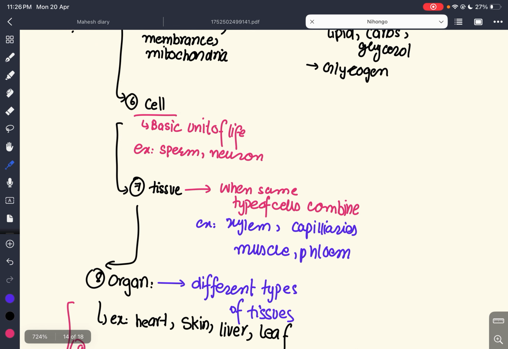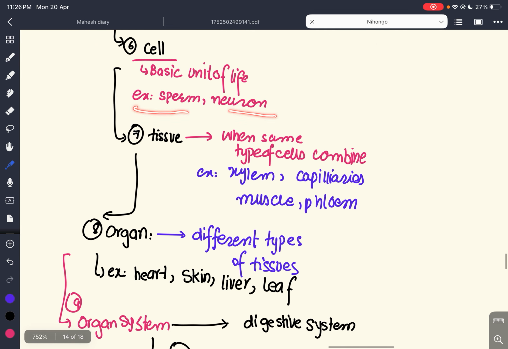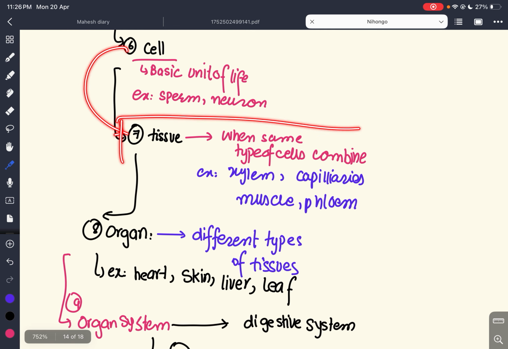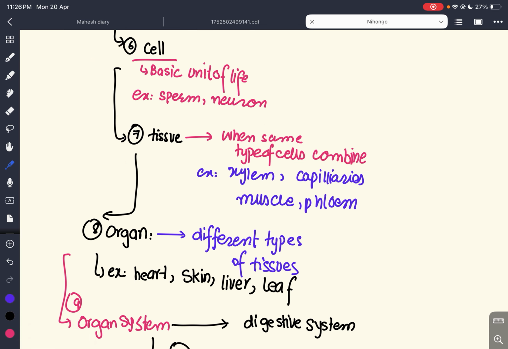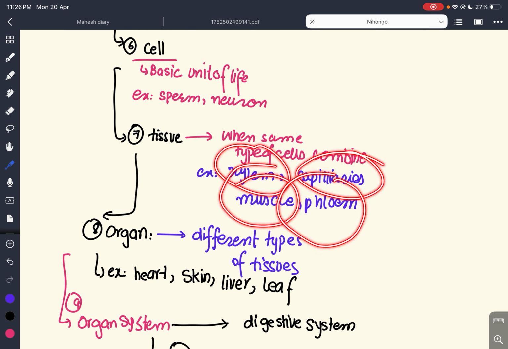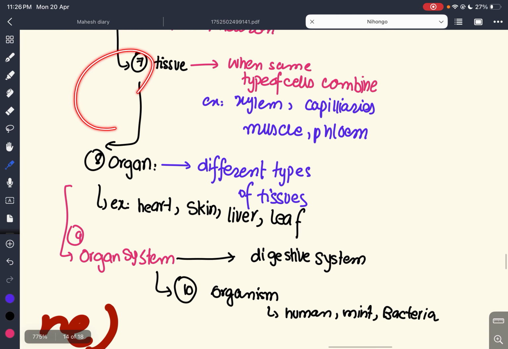For example, we learn about sperm, we learn about neuron, and these cells of the same type combine together and they make tissues, right? For example, xylem. We talk about capillaries, we talk about muscles, we talk about phloem, and then these different tissues combine together and we get an organ.